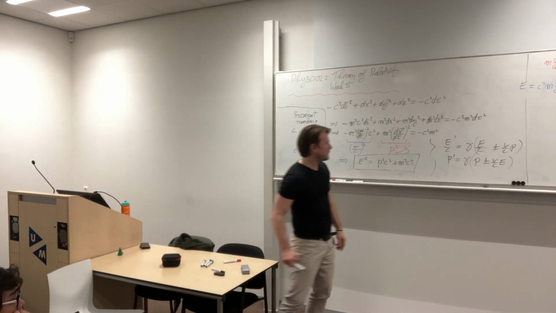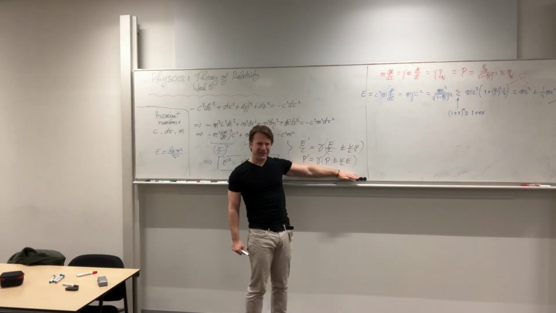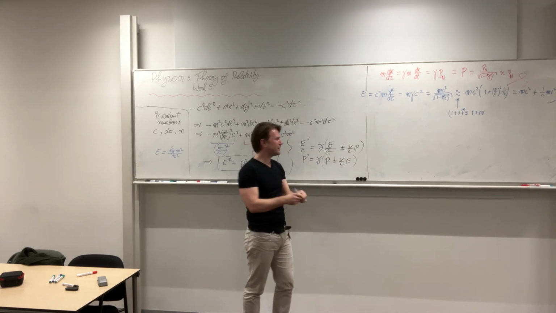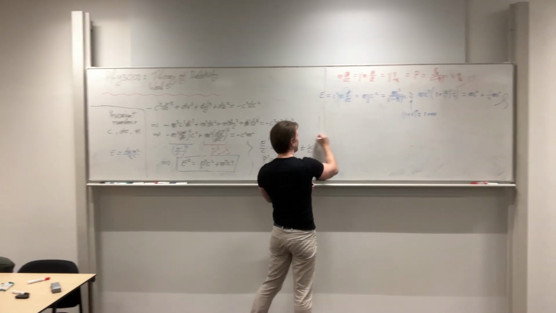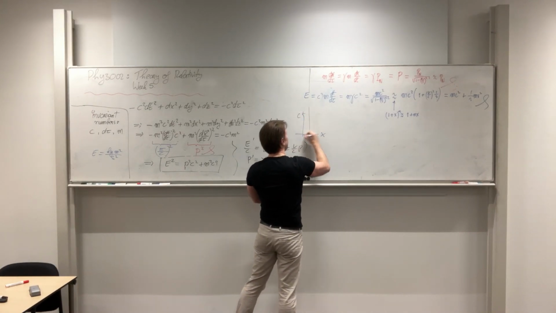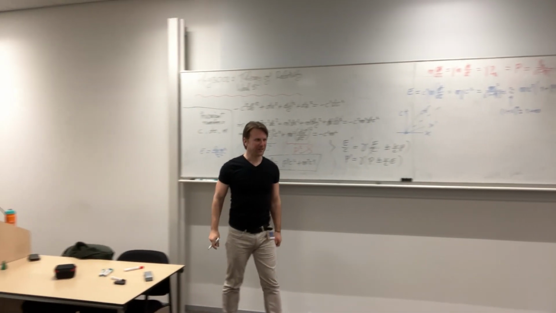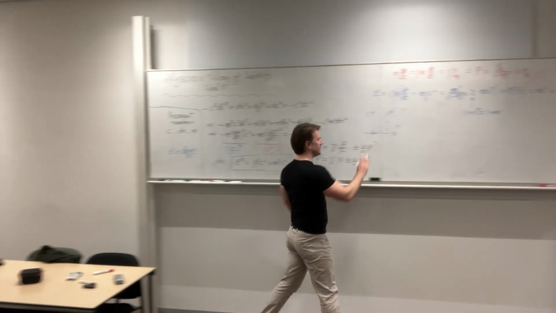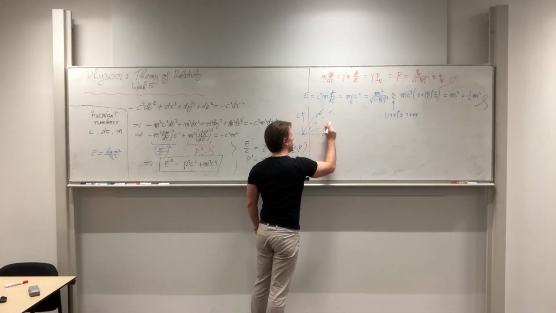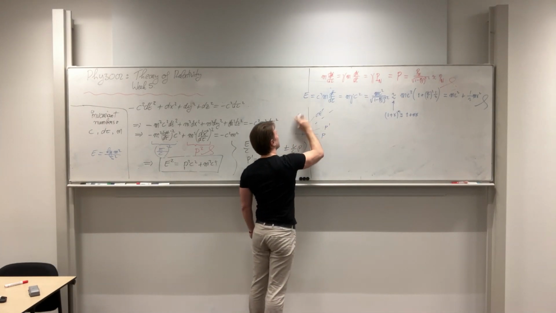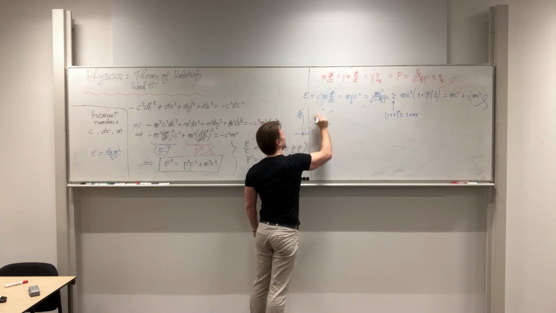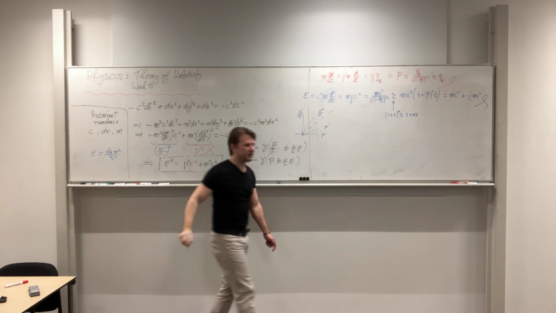Oh, I cannot help myself. If this is true, and two weeks ago we used the Lorentz transforms to construct the Minkowski diagrams, right? These two we used to get x, ct, and x prime and ct prime two weeks back. Now we have momentum prime, energy over c, energy prime over c.